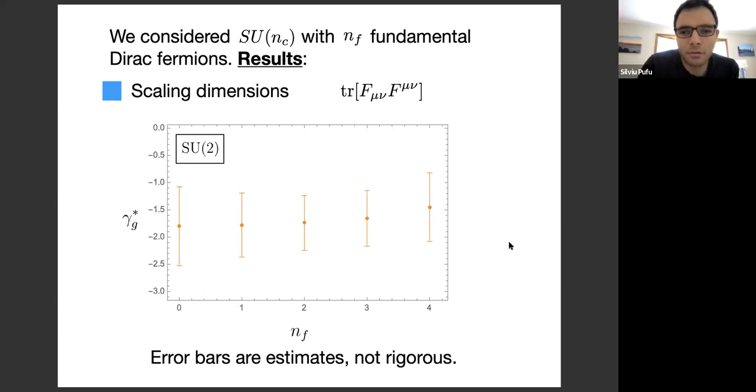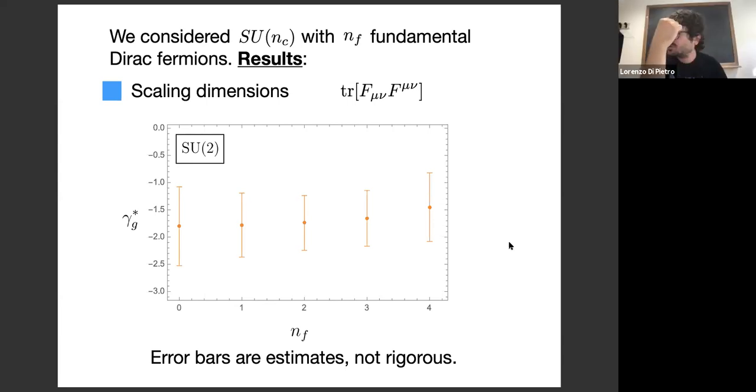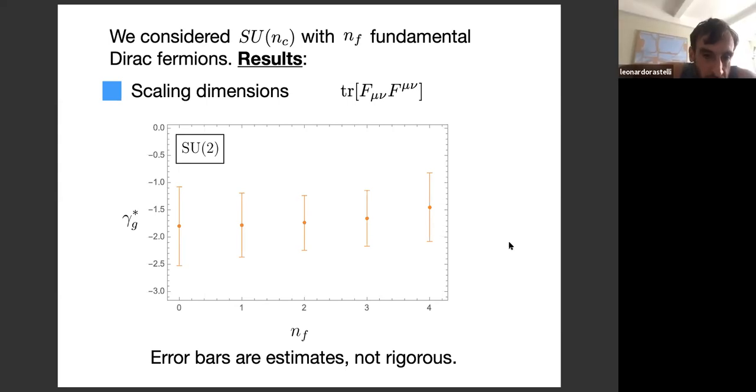Including scalars? I'm talking about N equals 2 coupled to hypermultiplets. Okay, thank you. I was thinking that I should use N equals 1, but of course that's wrong. I should use N equals 2. So you're saying it's N equals 2, and then of course you can only do this for N_F smaller than 4. Yes.